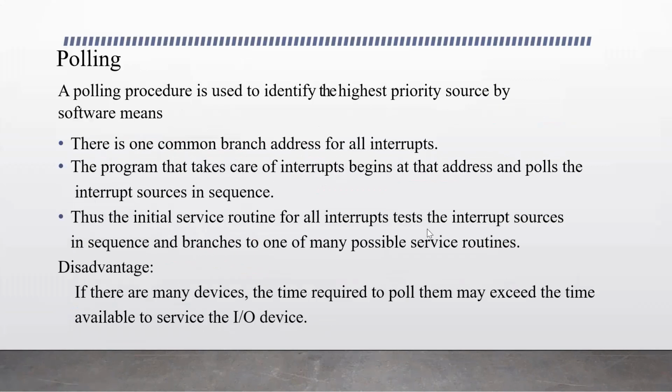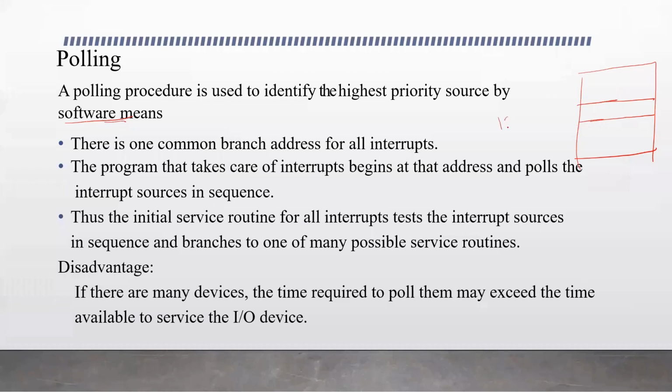So one of the priority interrupt methods that uses software to establish priority is polling. How is this polling done? When the interrupt request is given to the CPU, it stops its process and branches to one common address. Let's say in memory, one particular address is assigned to this.